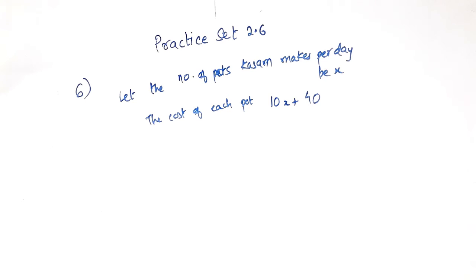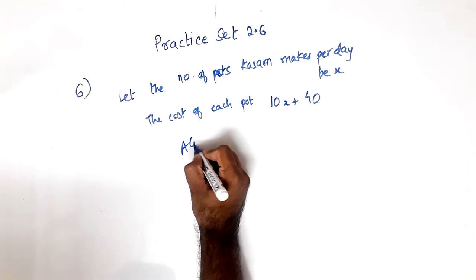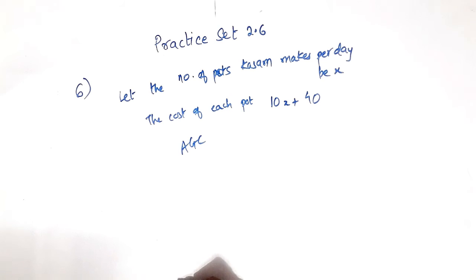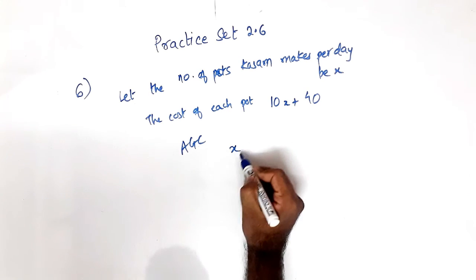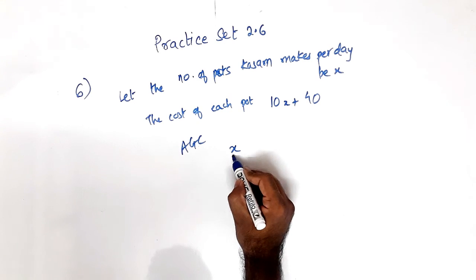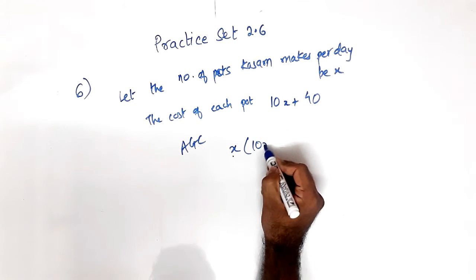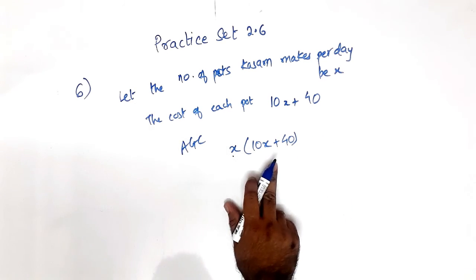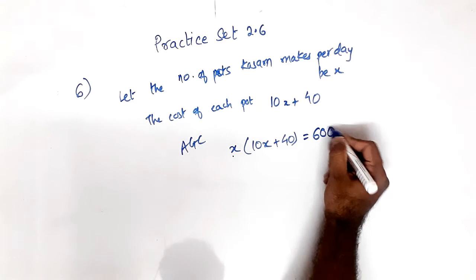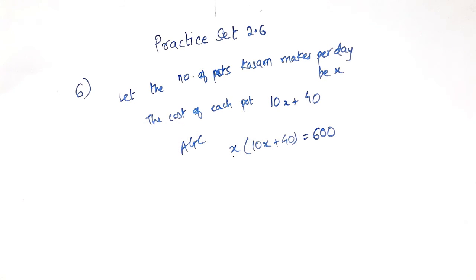From the given condition, the production cost of all the pots per day is 600. So the number of pots he makes in one day multiplied by the cost of one pot will give us the total cost, that is 600.